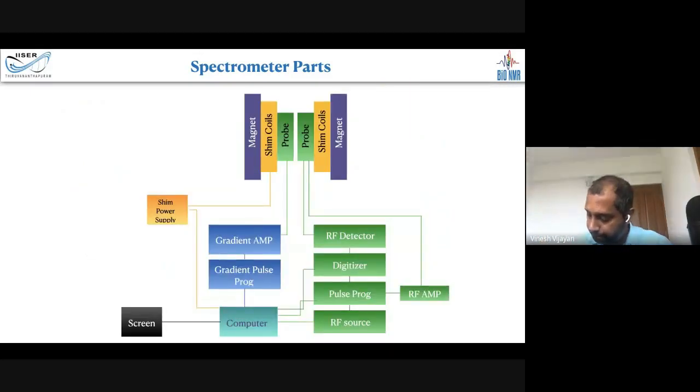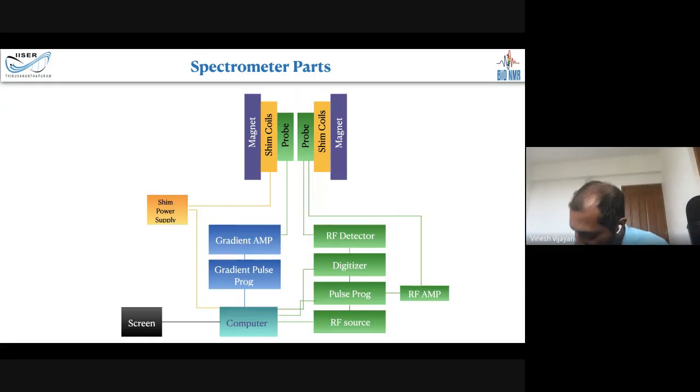So when we are starting with an NMR probe, we have the following components. You have an RF detector, digitizer, pulse program, RF source. There is an RF amplifier, and then you have a computer and a screen. There is also a gradient pulse program and a gradient amplifier.